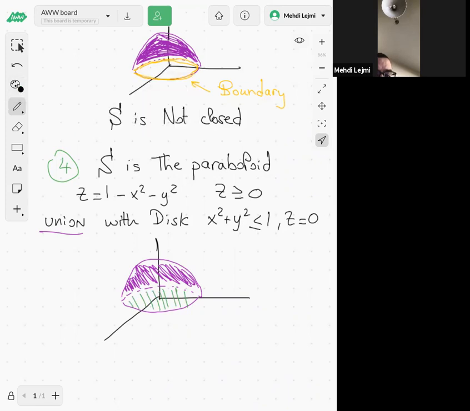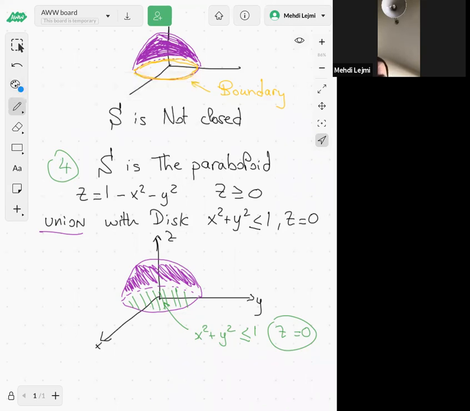Okay, so of course, here's my x, this is my y, and this is my z. You see this green surface here, the interior of the circle, which lies on the xy plane. So this is x squared plus y squared less or equal to 1, z is 0, right? Z is 0, which means that we are on the xy plane. And x squared plus y squared less or equal to 1 means that we are inside, in the interior of this circle, x squared plus y squared equal to 1, right?